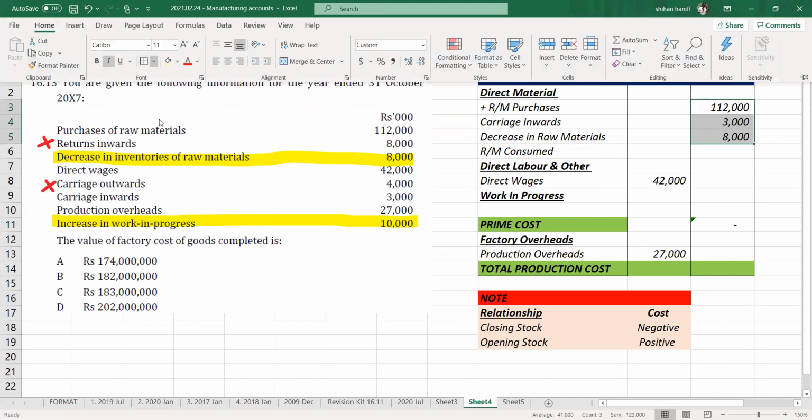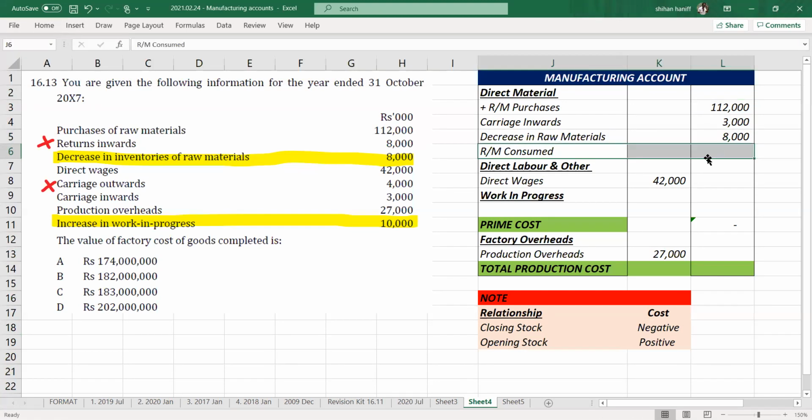If the raw material decreases, the cost will increase. Work in progress increased. Increase in work in progress, then what happens? Cost will decrease.